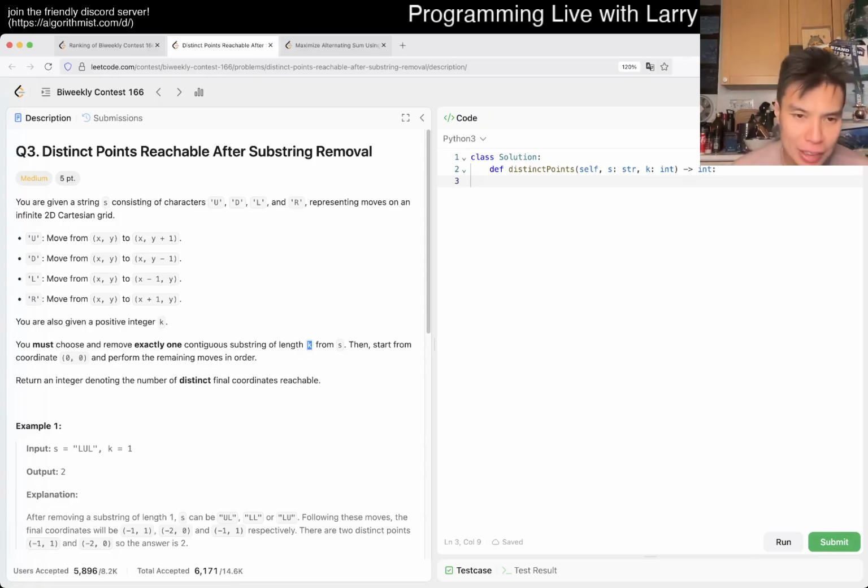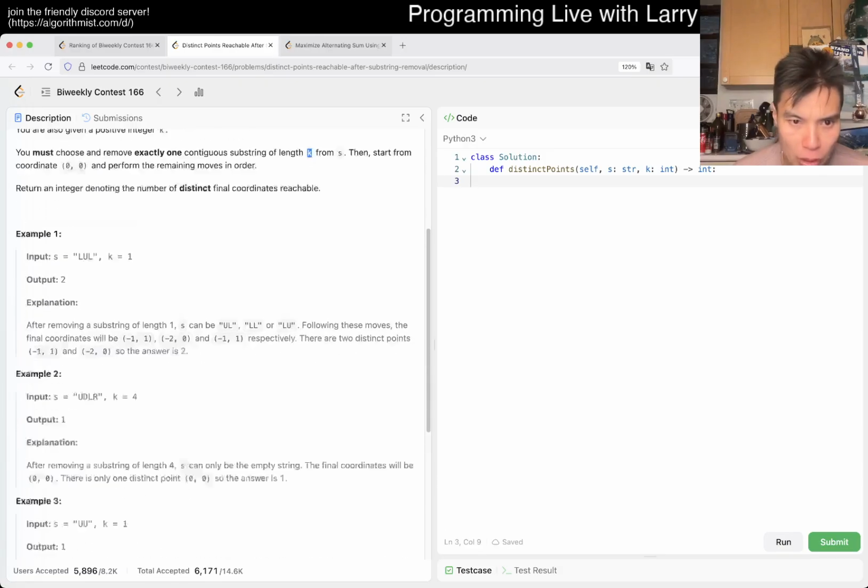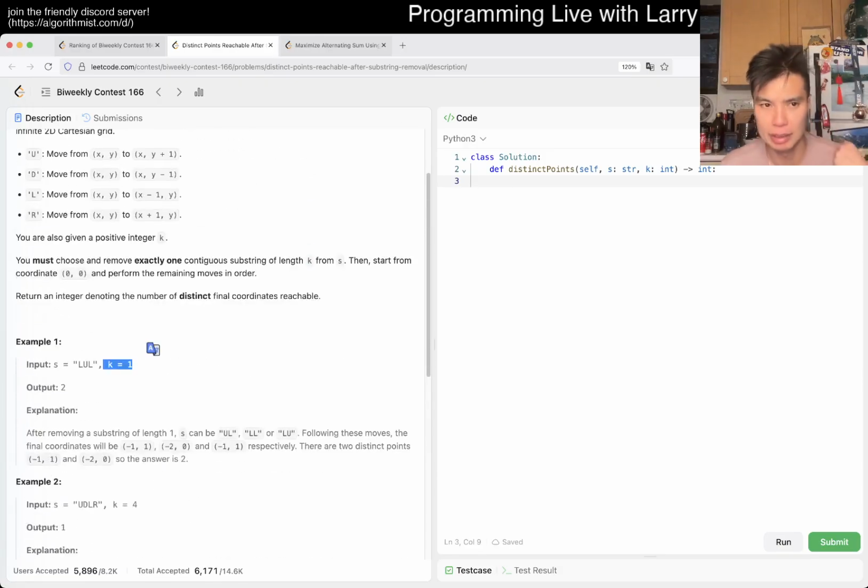Okay, I actually missed the fixed length part, so I was trying to go through the combinatorial. No, I mean with fixed k, that's easier because now it's just sliding window-ish.